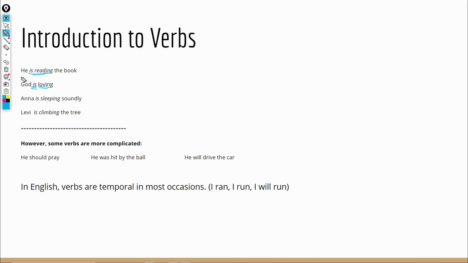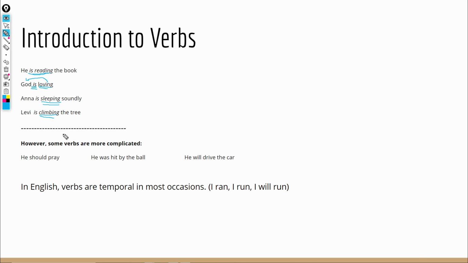In this context, you might say this is an adjective describing God, and therefore is would be the verb, but that's a matter of semantics. Anna is sleeping soundly, of course. Sleeping, that's an action. And Levi is climbing the tree. Obviously, climbing is the action word. I'm sure all of you know this very well.